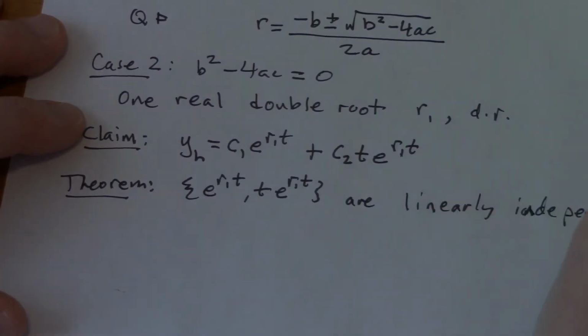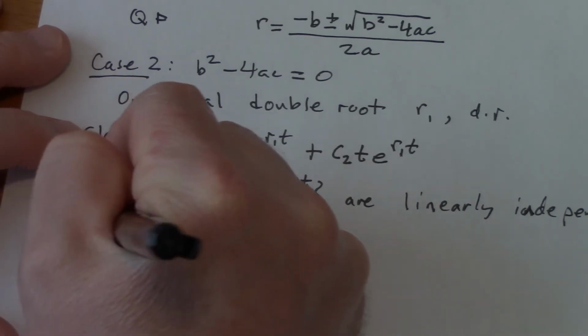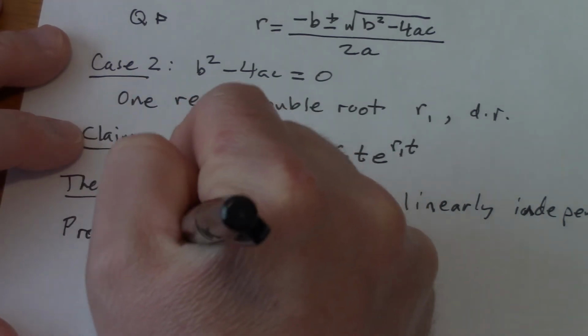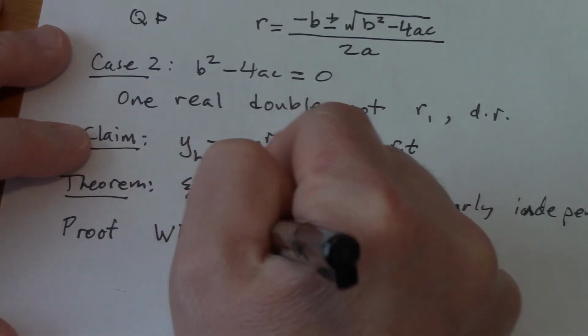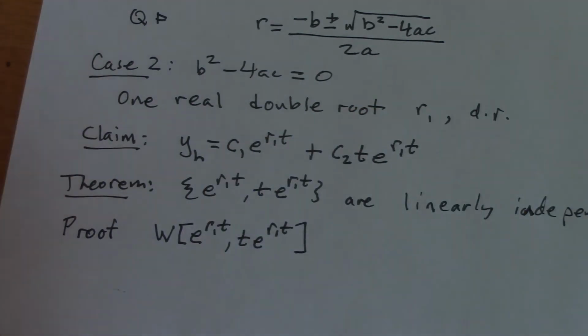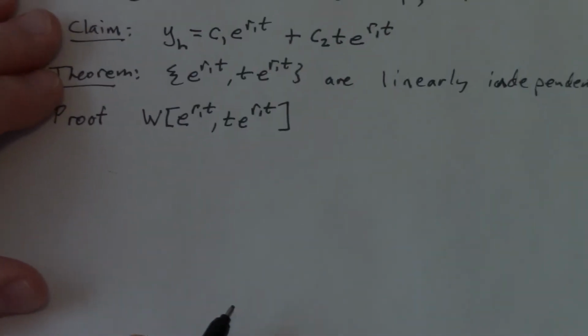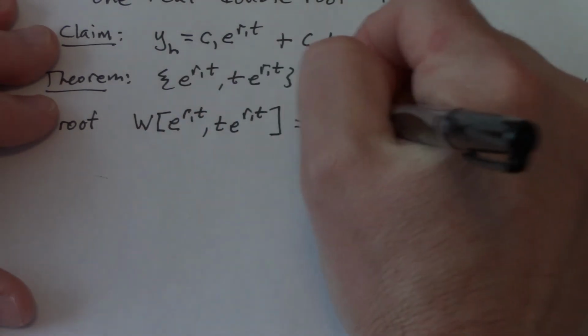Okay, so our proof would once again involve the Wronskian. We're going to do our determinant thingy for the Wronskian. It's going to be a little bit more complicated because I need the product rule in this one.